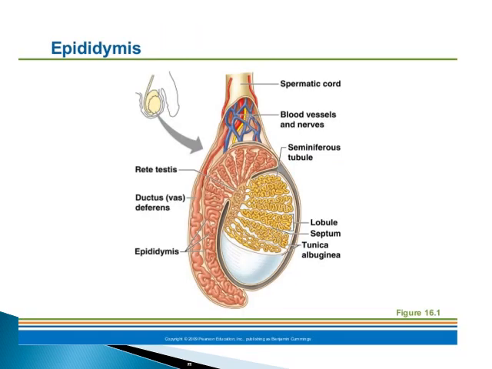If you see here, in a testis, these are the testicular lobules, and in each testicular lobule, these are the seminiferous tubules where sperms are present. Once the sperm formation is done, sperms are transferred into the rete testis. This area is shown in the brown color. You can locate it.